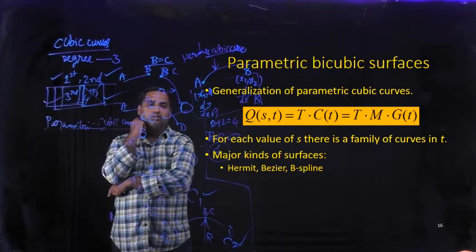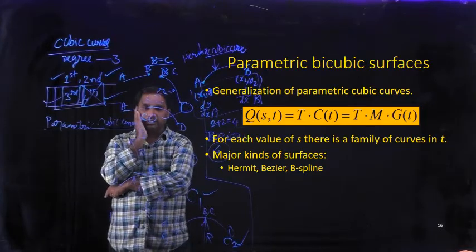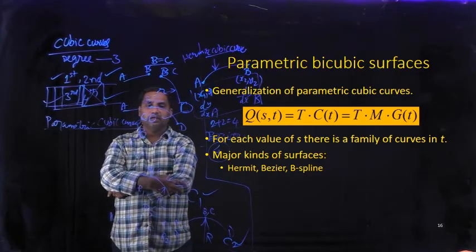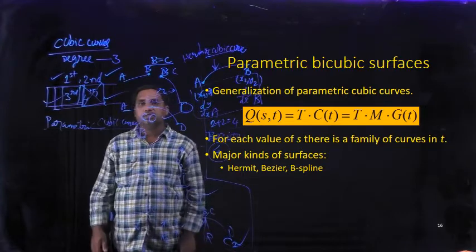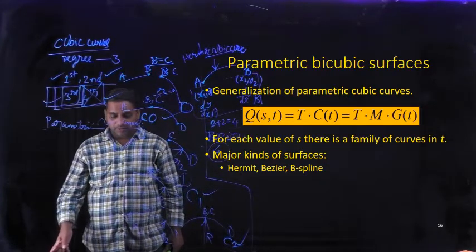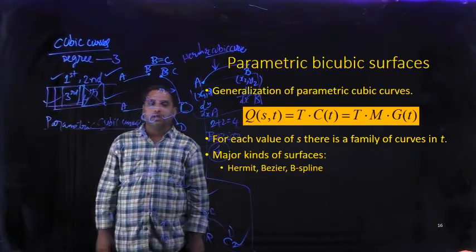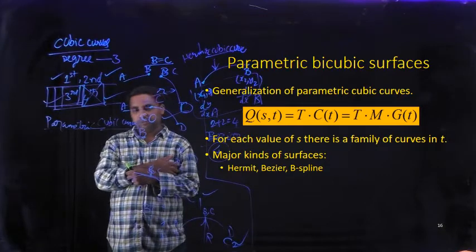Here we have to go deep into Hermite cubic splines, Bezier curves, and B-spline curves. You can learn these 3 curves in detail in the subsequent classes. After that you can get into the parametric bicubic surfaces.